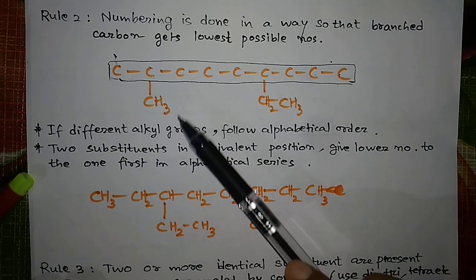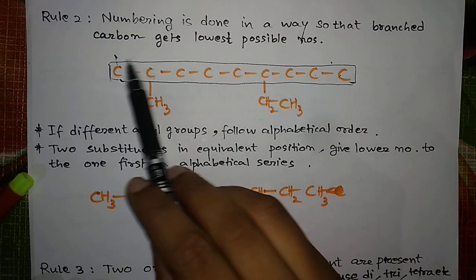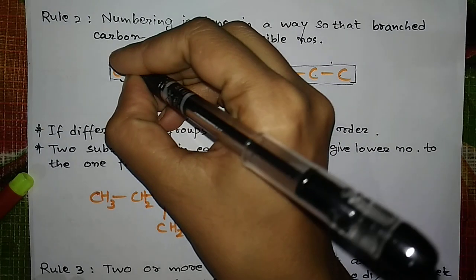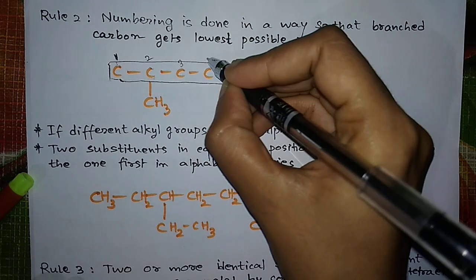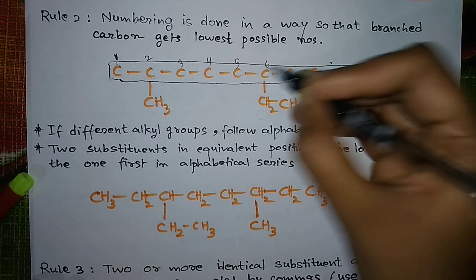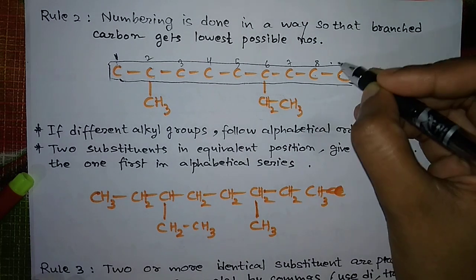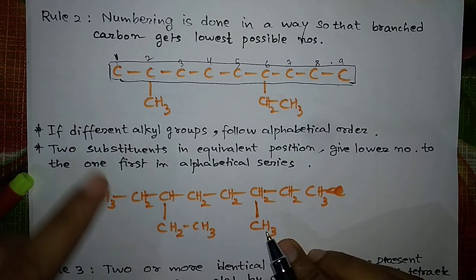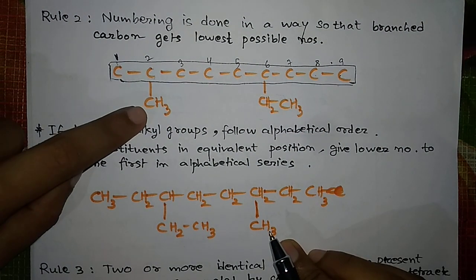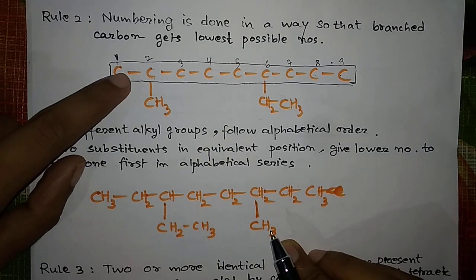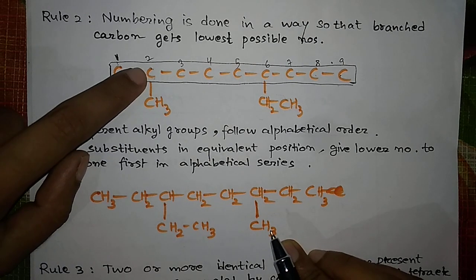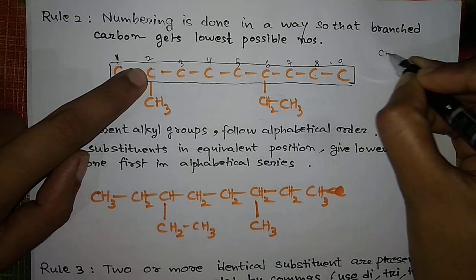What you will see is, if we number from here, I'll show you, 1 2, 3, numbering is done only on the carbon chain, 5 6 7 8 9. So this methyl group, this is a substituent, this is a methyl group. I have explained what an alkyl group and a methyl group are. So CH3 is the methyl group. अगर हम लोग लेफ्ट टू राइट नंबरिंग करते हैं तो मिथाइल ग्रुप को कौन सा नंबर मिलता है?